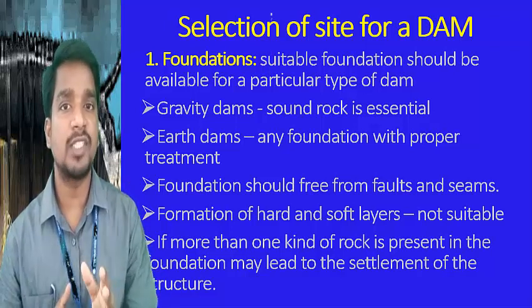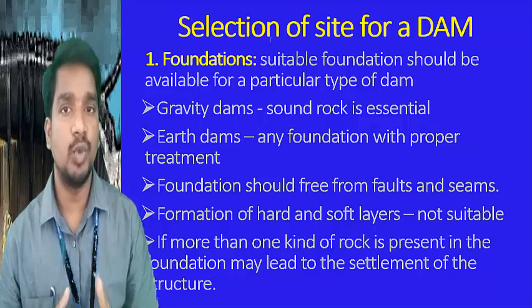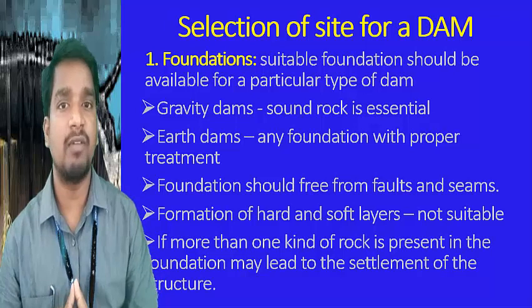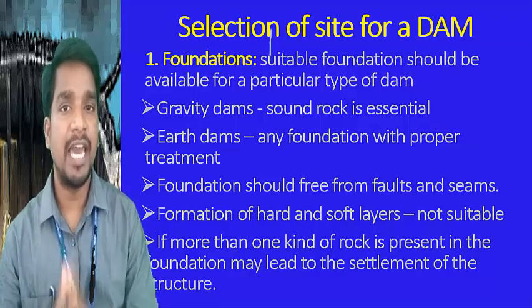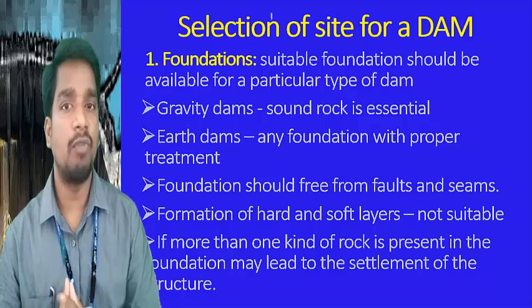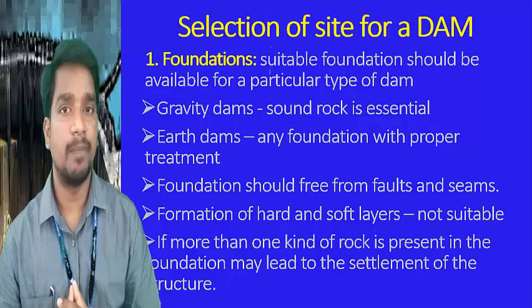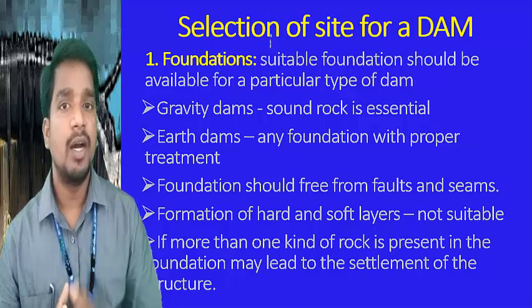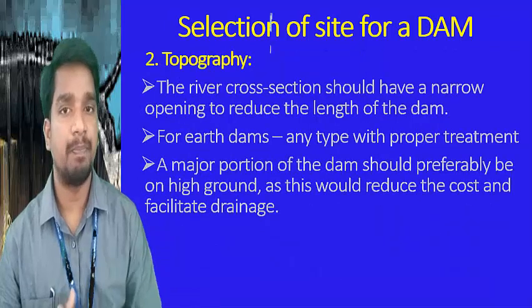So it is not advisable to have two or more types of rock base in the selected site. It is always safe to have a uniform rock formation throughout the selected site. So it is very essential. These are the foundation points which highly influence the selection of a type of dam.